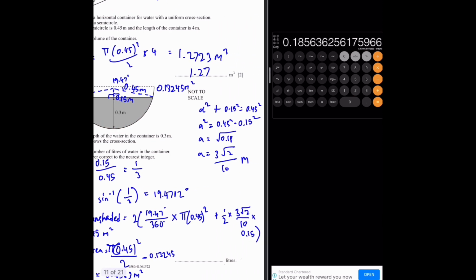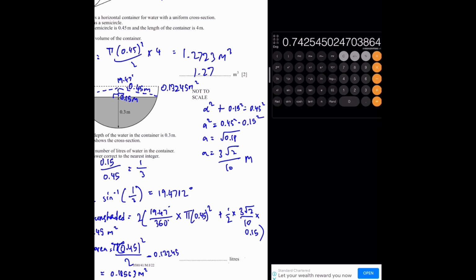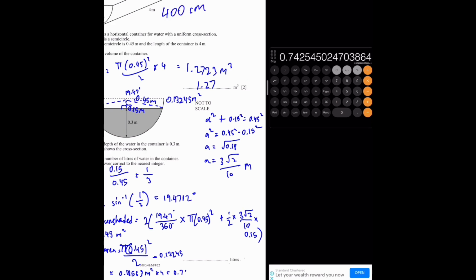So when you multiply it by 4, that will be equal to this value, 0.74254 meters cubed. And to get centimeters cubed, you multiply by 100 three times, because 1 meter is equal to 100 centimeters, and it's a cube value.